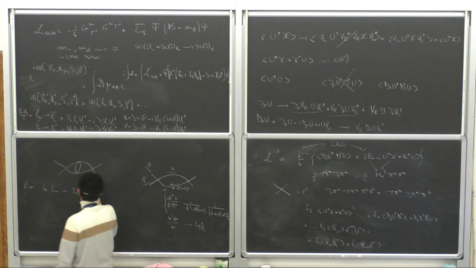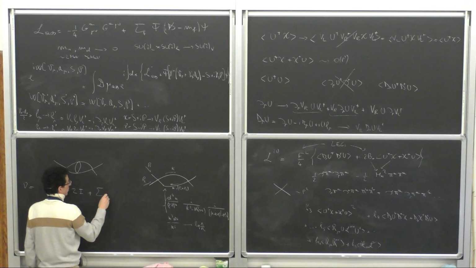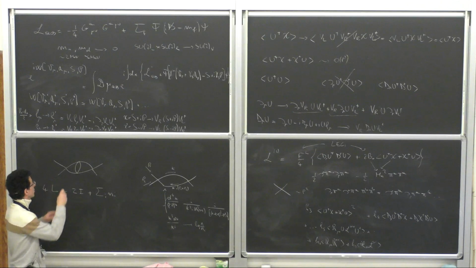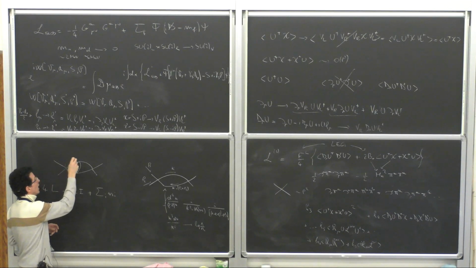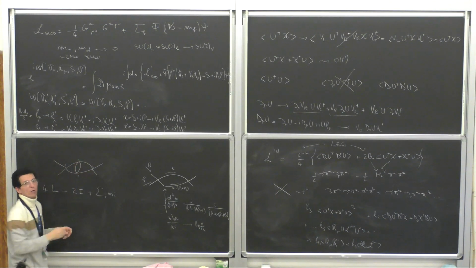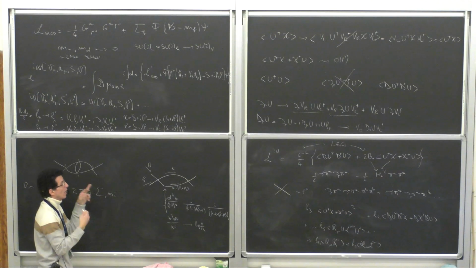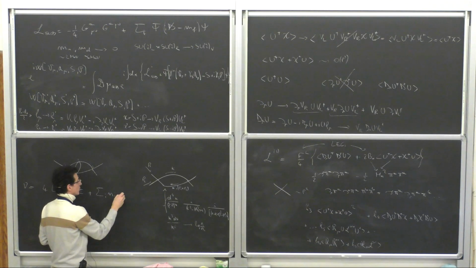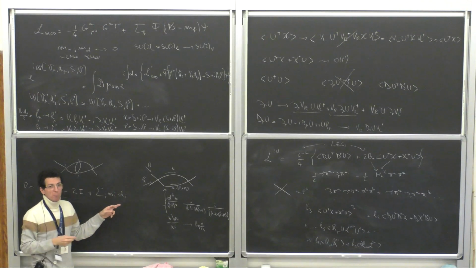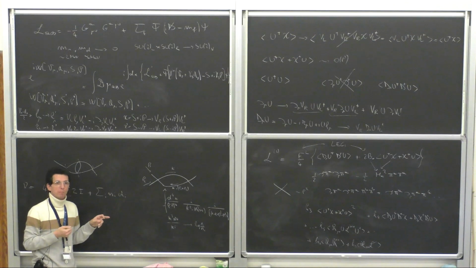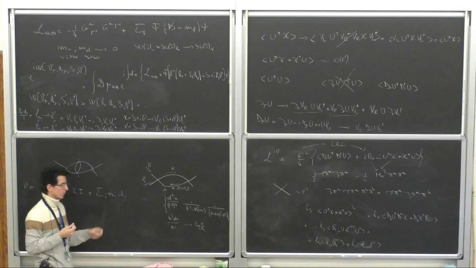So here we have a further contribution from all the vertices: the number of vertices of type i times the number of derivatives appearing in the type i vertex.